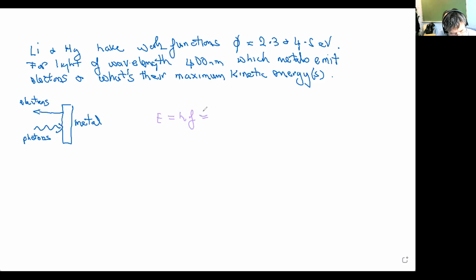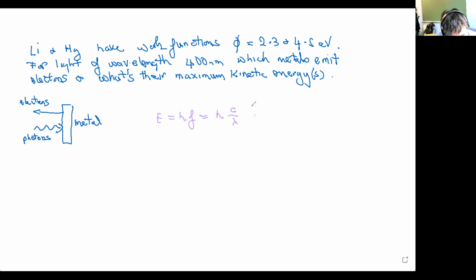In this case, we don't know the frequency, we know the wavelength, so we'll write that frequency as the speed of light divided by the wavelength. This replacement of frequency with speed divided by wavelength is just using the equation that the speed of a light ray is equal to the product of its wavelength and its frequency.